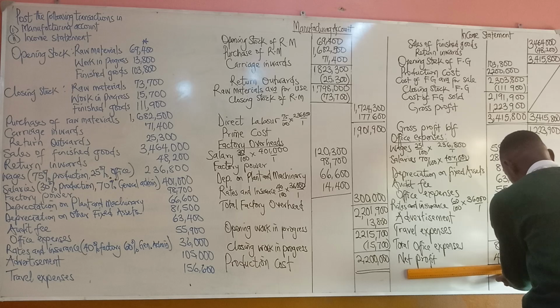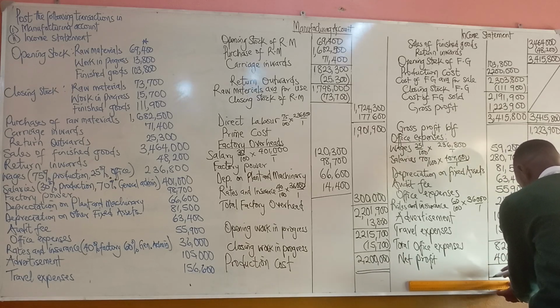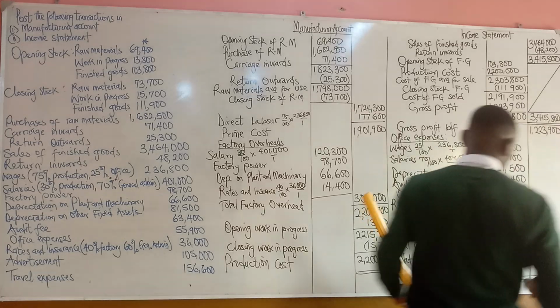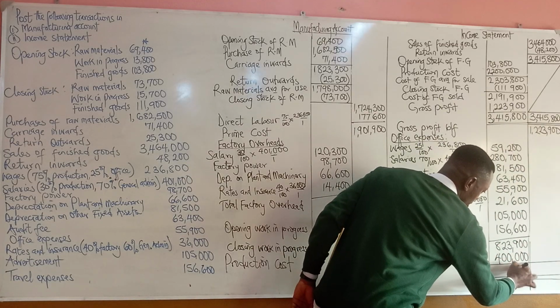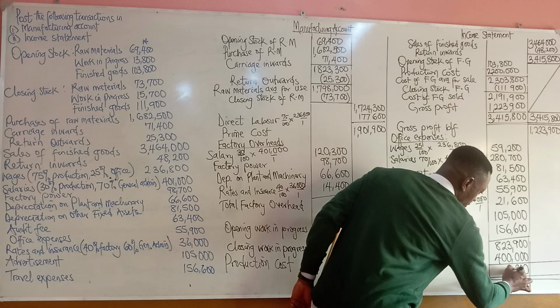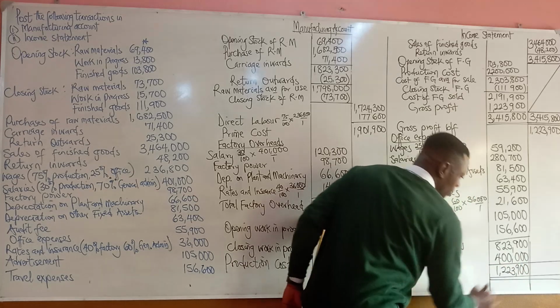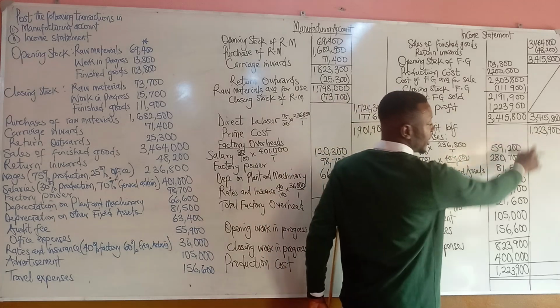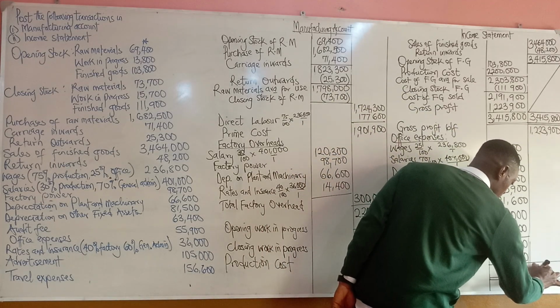So now that we've ascertained our net profit, meaning the company made a profit, we'll add. So 0 plus 0 is 0, 0 plus 0 is 0, 9 plus 0 is 9, 3 plus 0 is 3, 2 plus 0 is 2, 8 plus 4 is 12, which gives us 1,223,900, meaning it is correct.